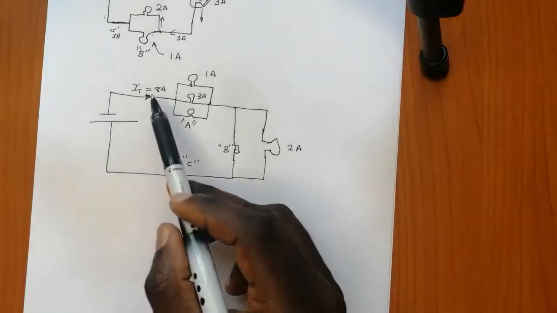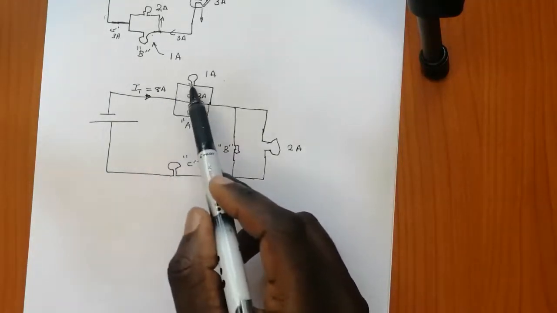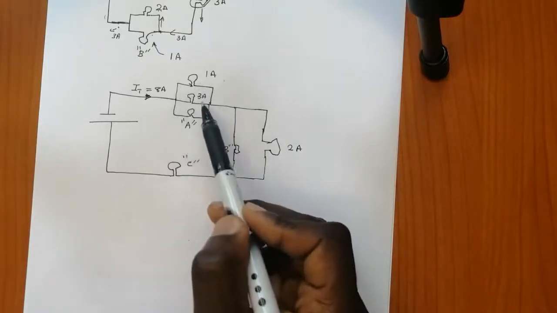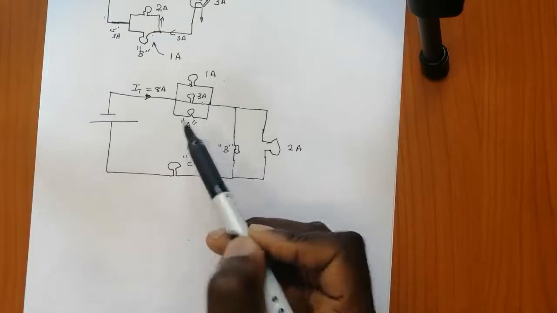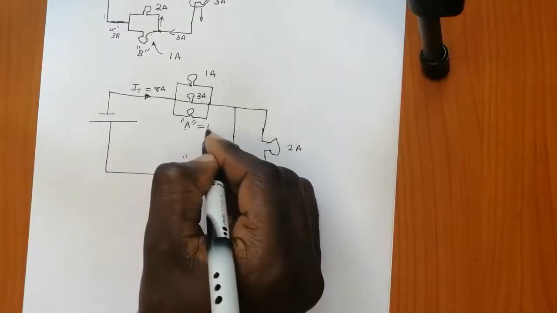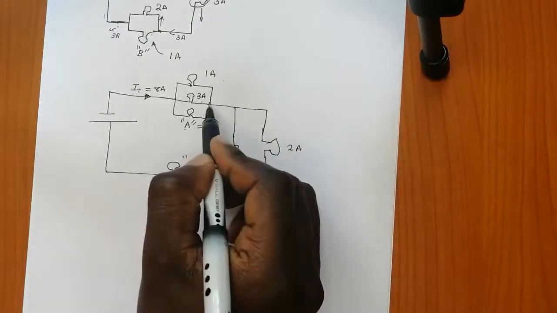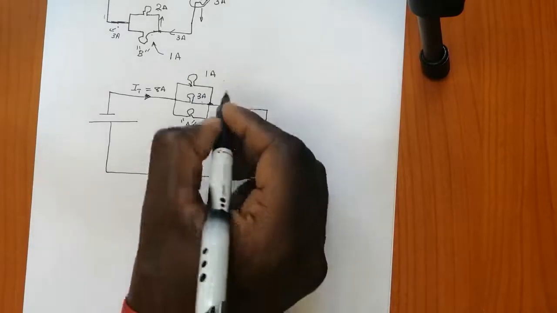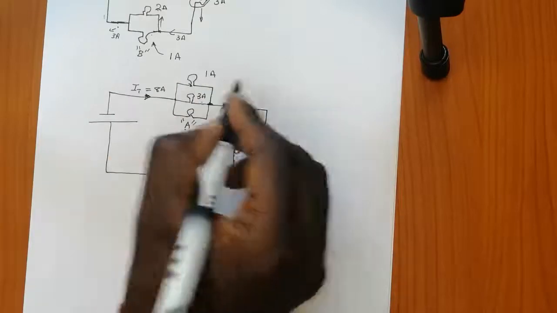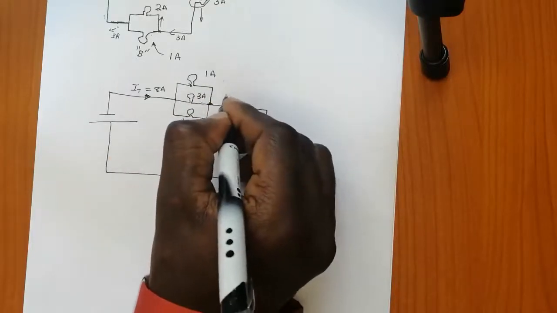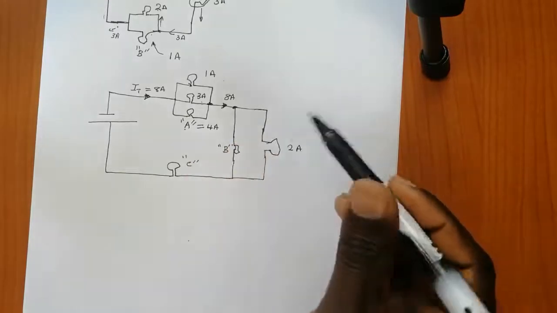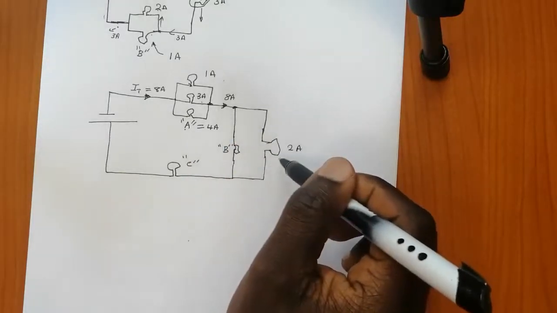Of course, if it's 8 amperes it will be divided according to the bulbs that I have, 1 here, 3 here, and here it must be 4 amperes, and that 4 amperes will be combined with 3 here, and also combine with 1. Therefore, the total current leaving this junction is going to be 8 amperes, and it comes to another junction, 2 goes that side.